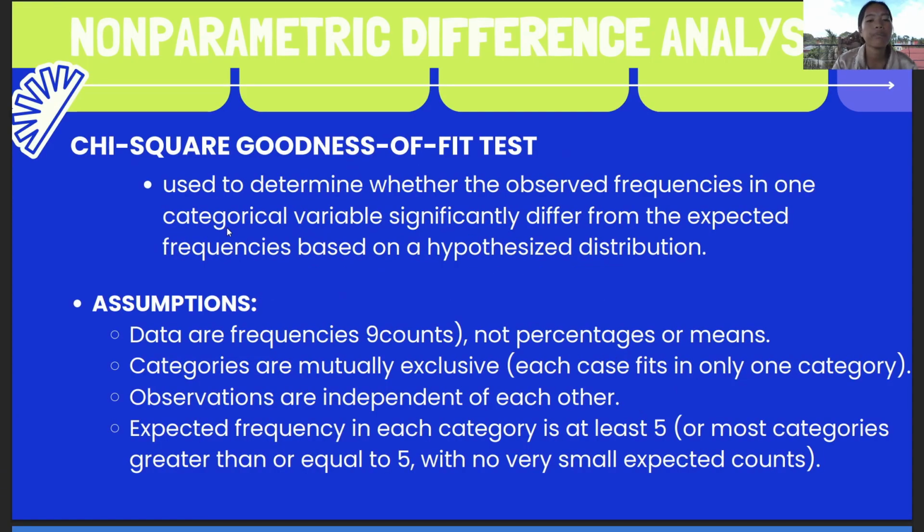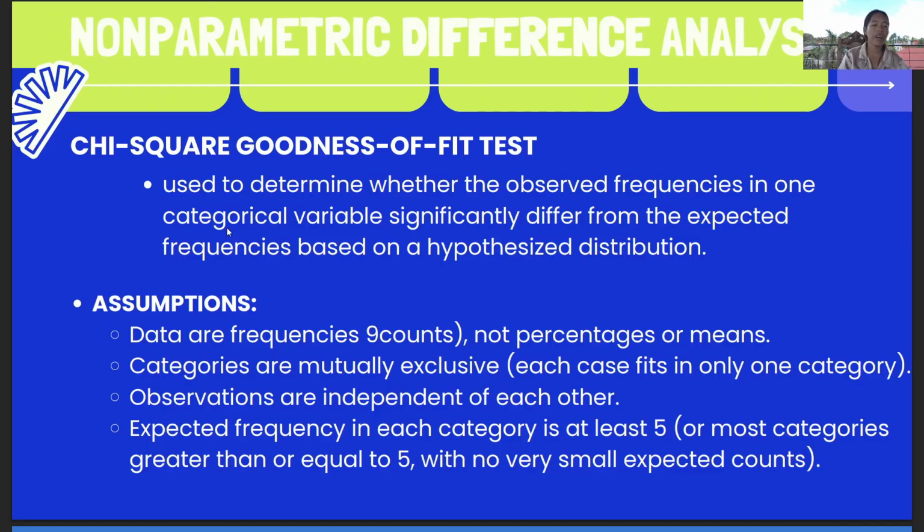Now let's go down to the chi-square goodness of fit test. It is used to determine whether the observed frequencies in one categorical variable significantly differ from the expected frequencies based on a hypothesized distribution.